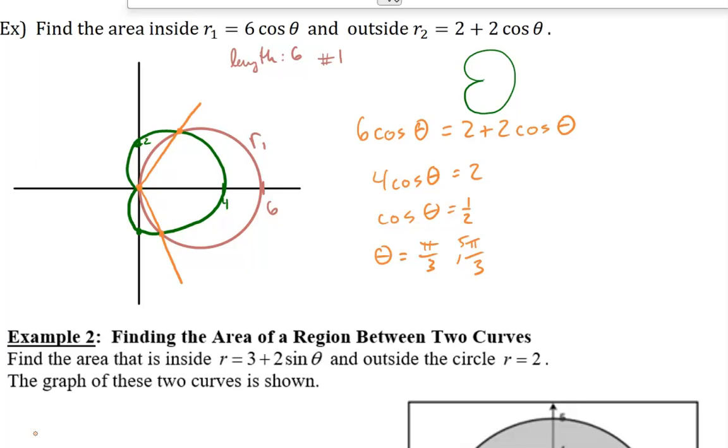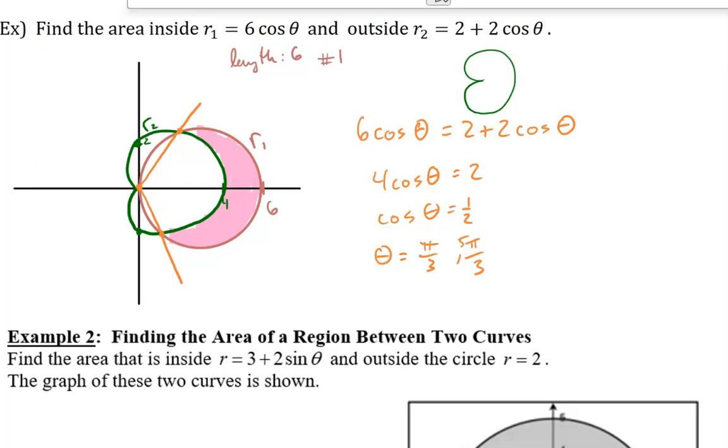Okay, whatever. So I'm looking for the area that is inside R1, but outside R2. That is this region right here. My highlighter is a little bit too big, but I'm looking for this region right here.